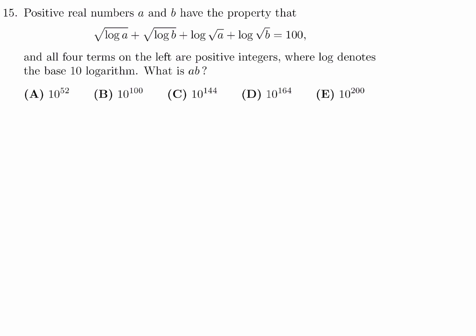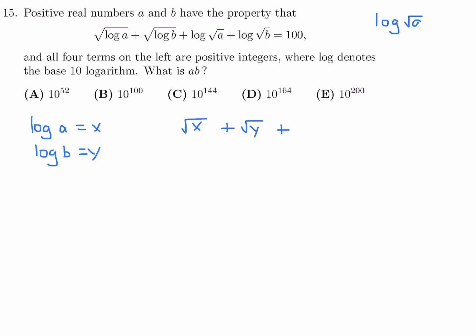Well, again, let's make some substitutions here. I will let the log of a equal x and the log of b equal y. So substituting into that, we get root x plus root y plus, well, this one is a little bit different. I'll just write it up here.